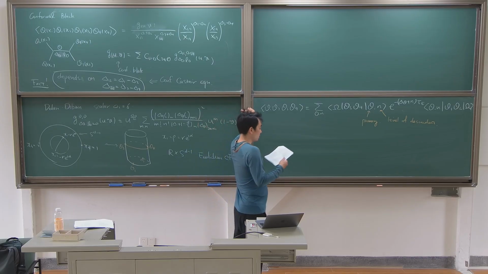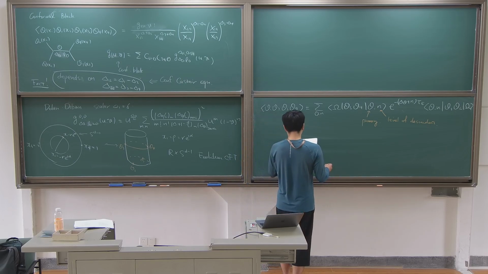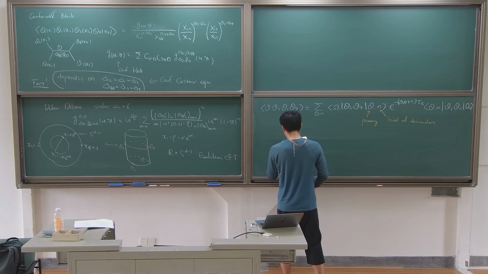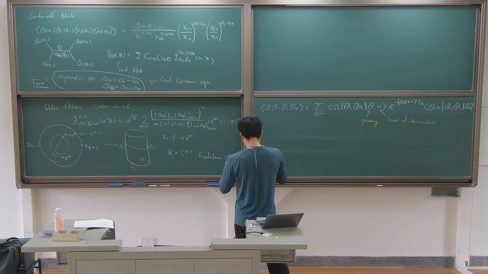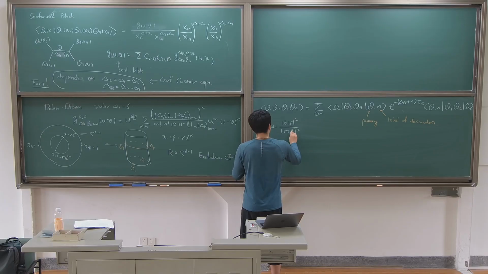And in particular, this one can be written in the following way. In this case, I have to mention that u is equal to 16 rho squared over (1 plus rho to the 4), and v is equal to 1 minus rho.